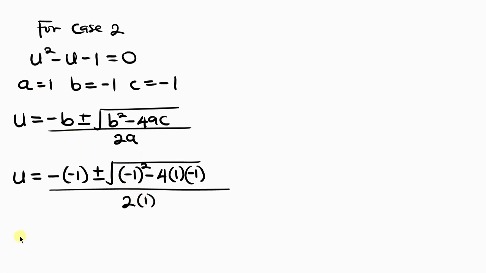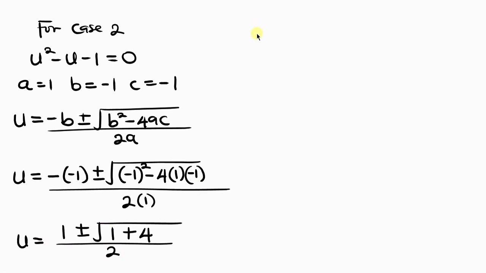And this simplifies into u equal to negative times negative is positive, so I'm going to be having +1 here, plus or minus the square root of. Now, (-1) squared is 1, and -4 times 1 times -1 gives +4, all over 2 times 1, which is 2.